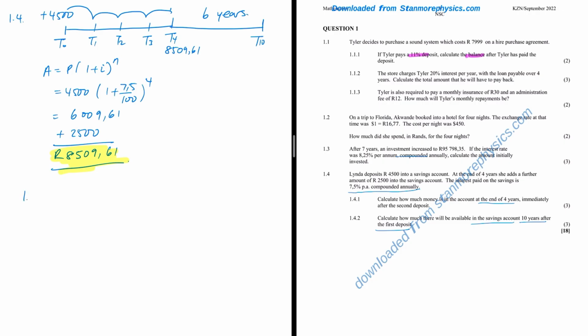So for 1.4.2, A is equal to P into 1 plus i to the power of n. Now we're growing the 8,509 Rand 61 cents. 1 plus the interest rate is still 7.5 over 100, and we're growing it for another 6 years. That's going to give us 13,132 Rand and 89 cents.